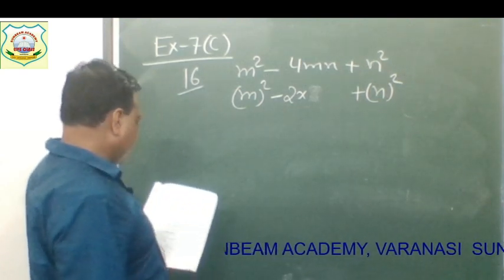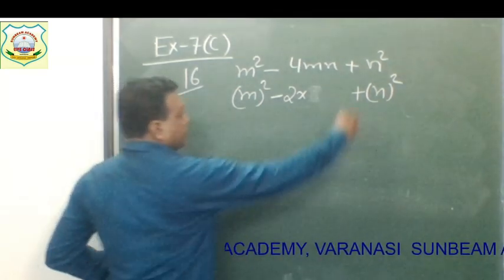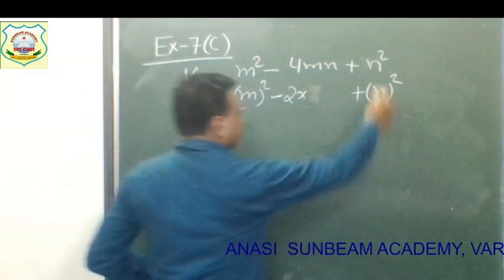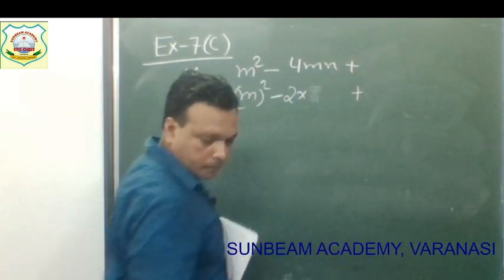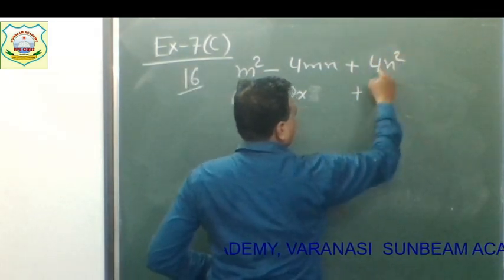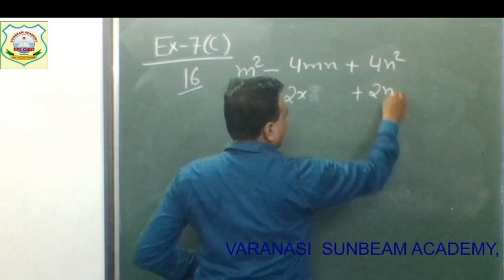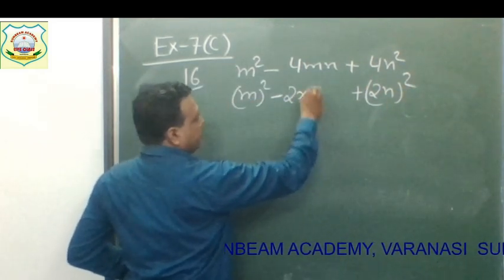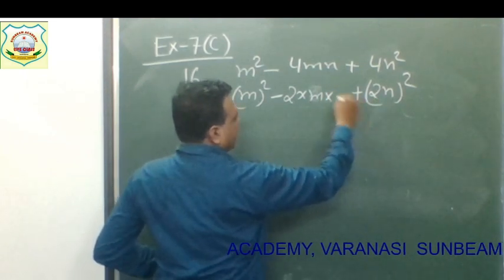The m square, and this one is 4n square. Students, this one is 4n square. 4 is the square of 2, so 2n whole square. So 2 into a is m, and n should be what? 2n.